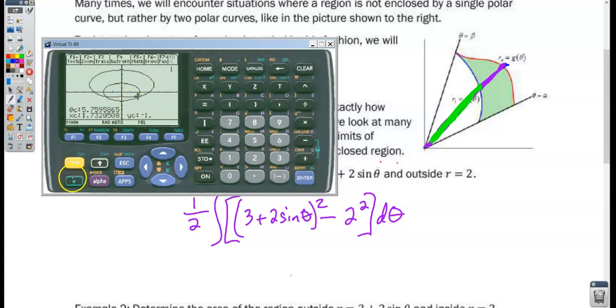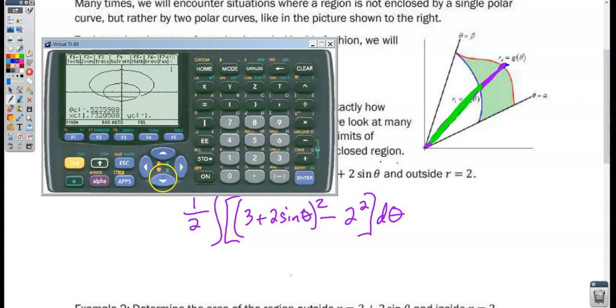So a little trick I can use to do that, if it helps you, is I can go in here and change my window. And instead of starting at 0, I'll start at -pi/2, since that takes us down there below. And I'll regraph this. -pi/2 is definitely going to get this for me. All right, so now I'm going to trace.